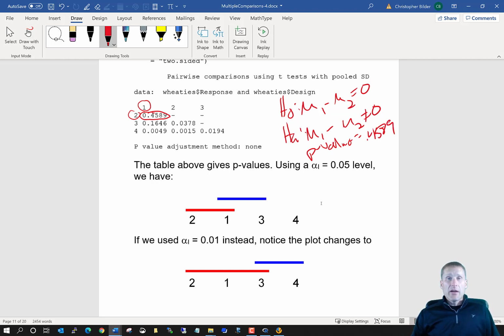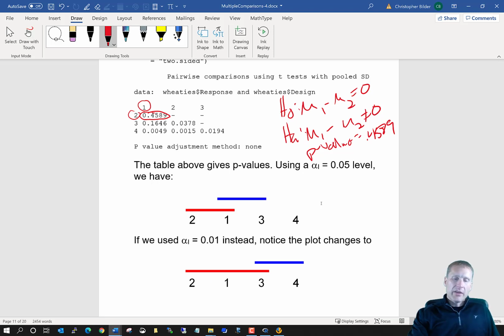I can compare that to what I set my experiment-wise error rate to be, 0.05, to make a judgment. Do I reject or don't reject? In this case, I would say don't reject H0. Now, even though I am comparing it to that 0.05, it doesn't mean that Fisher's LSD is actually controlling the overall type 1 error rate at 0.05.